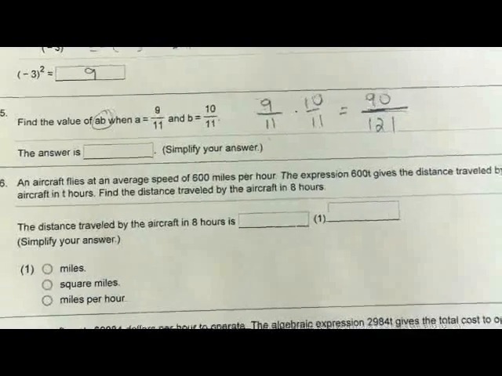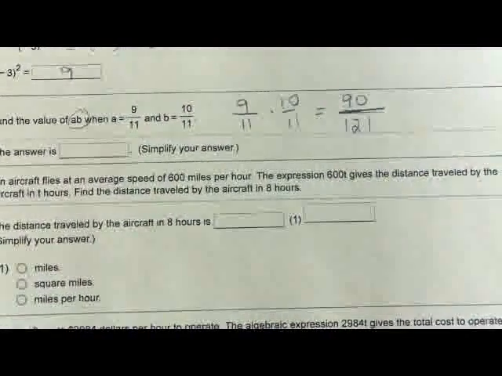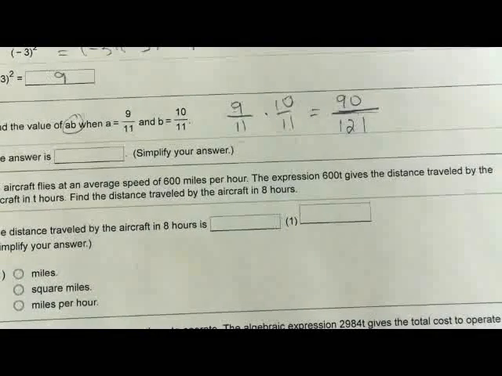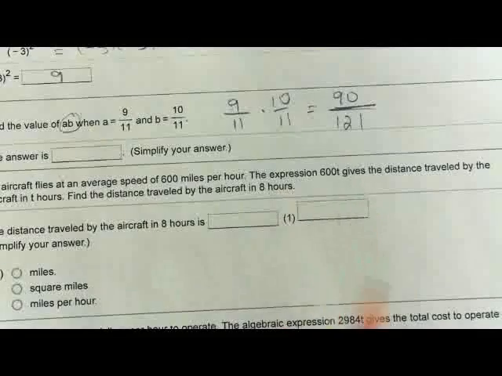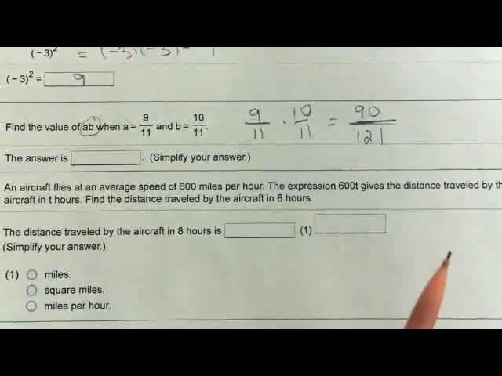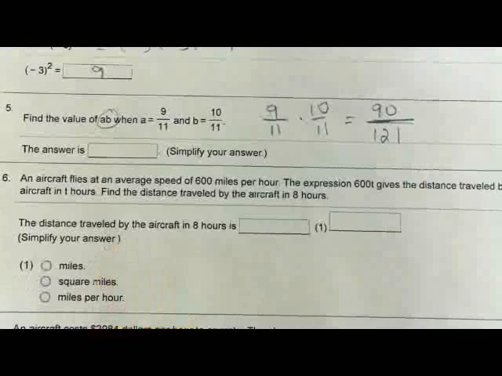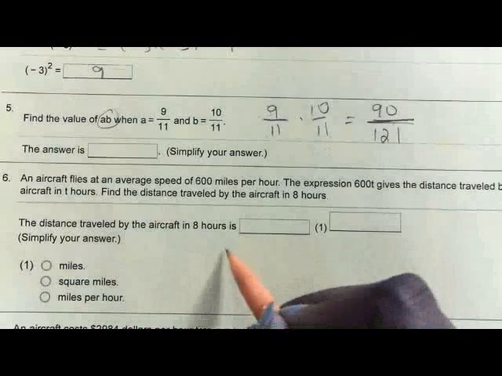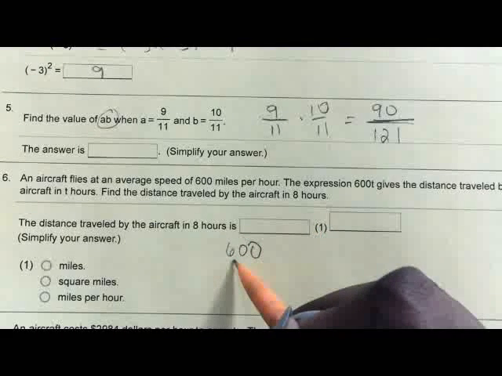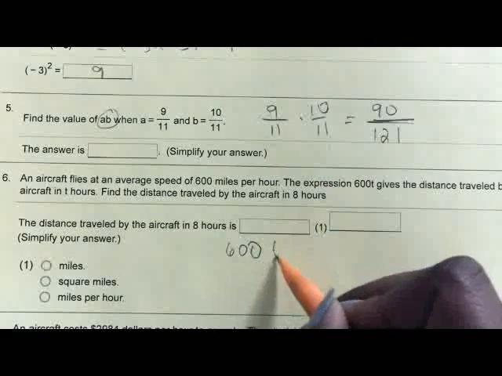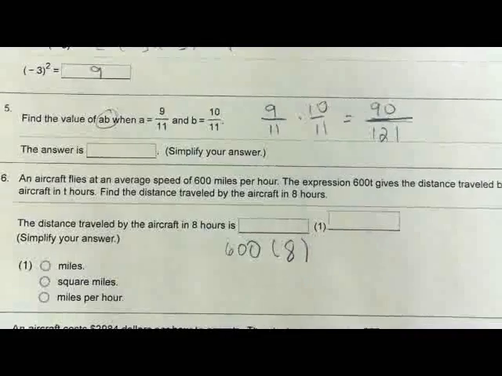The aircraft flies an average of 600 miles per hour, and we're traveling for 8 hours. So what is the distance traveled? 4,800 miles? Yeah.